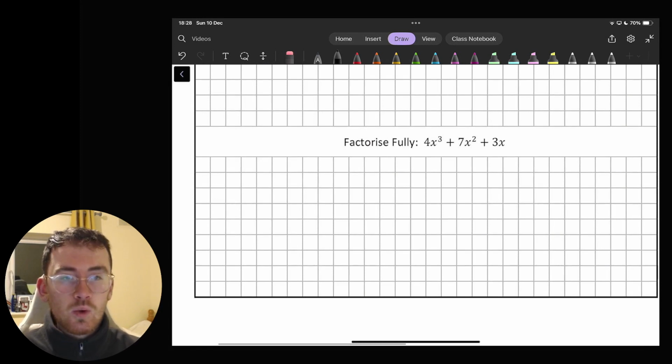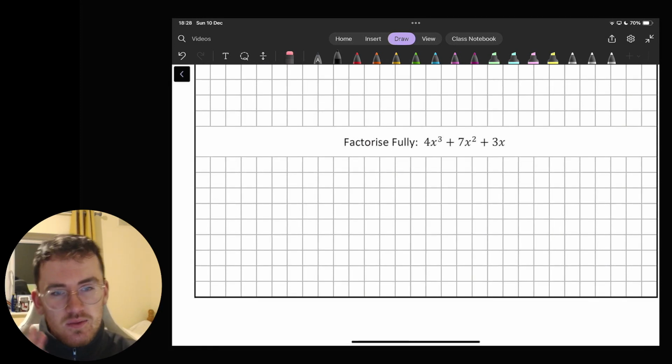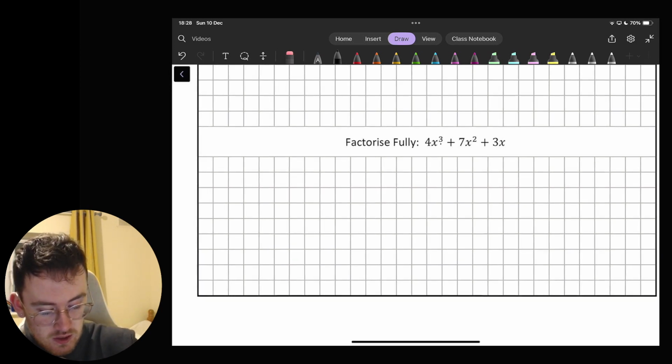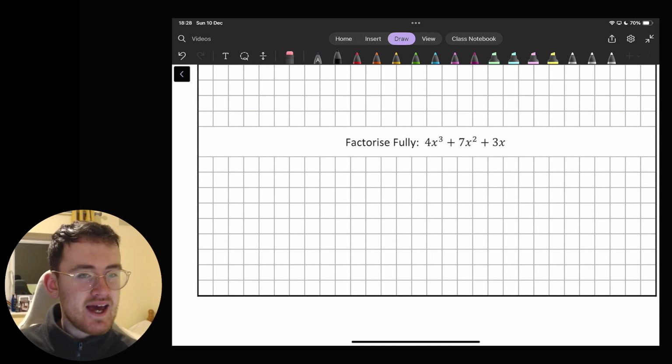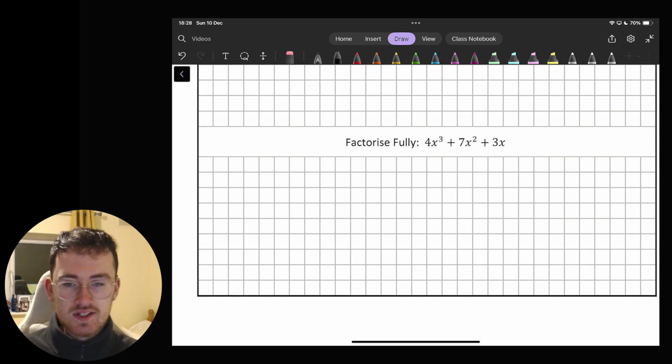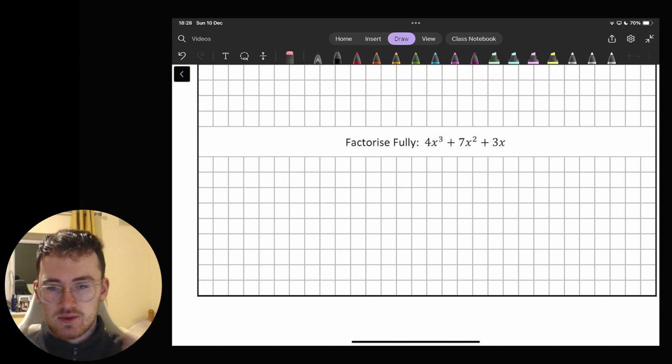Let's just look at one more little twist or type that we could have here, which is just this extra part of factorize fully. And in this case, if we look at it, it does resemble a quadratic. Okay, we have 3 terms. We have a squared part, but we also have a cubed part here, the number 3 in the power. So I think looking at this one here, I can't immediately go quadratic because it's not squared x number as we normally see it.